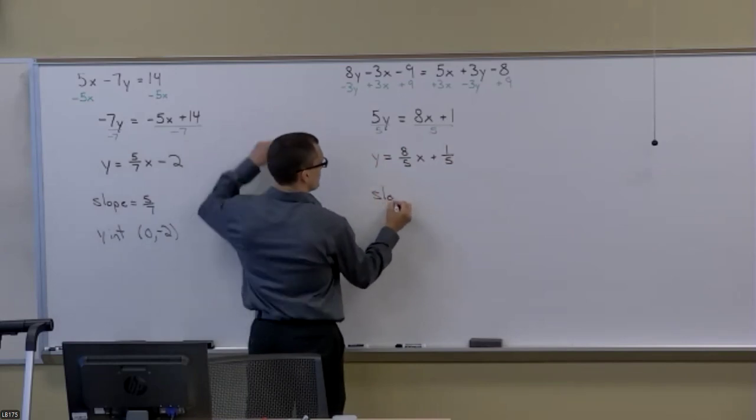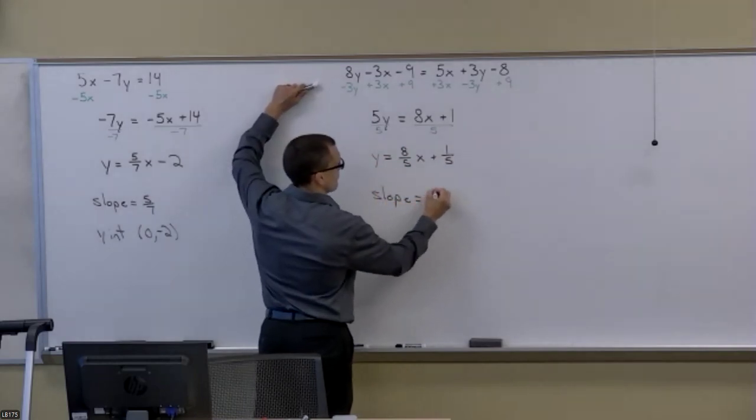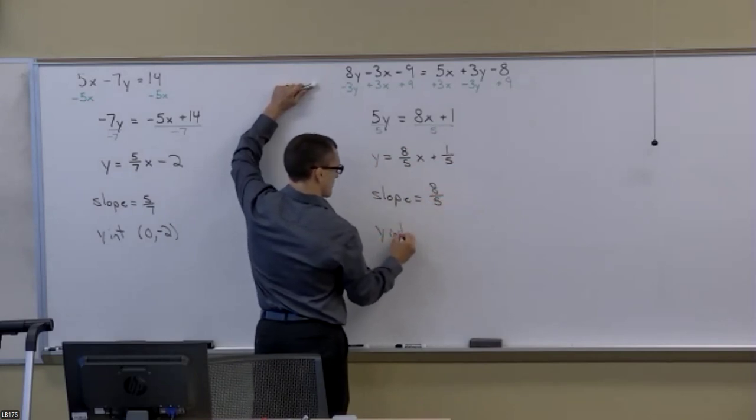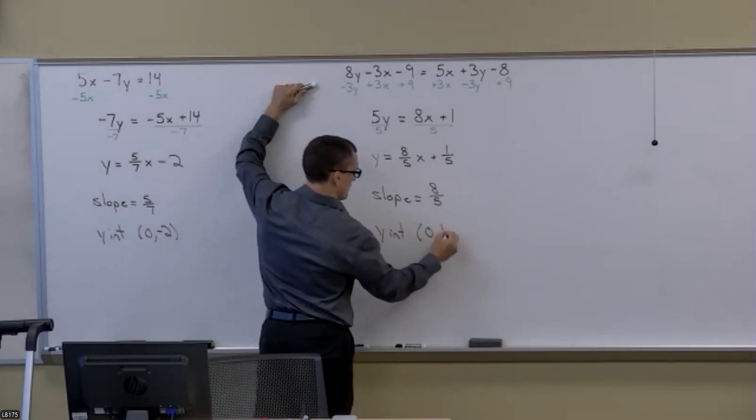That means this original line had slope of 8/5 and y-intercept of (0, 1/5).